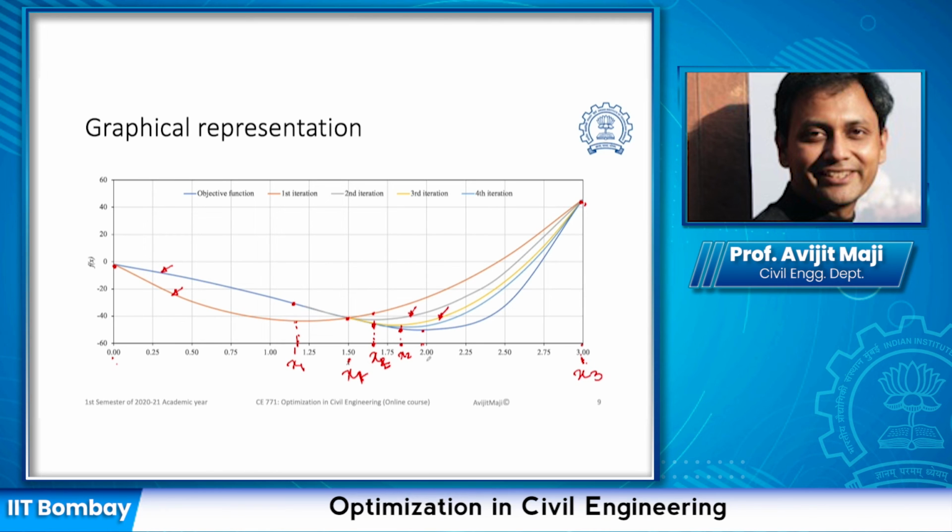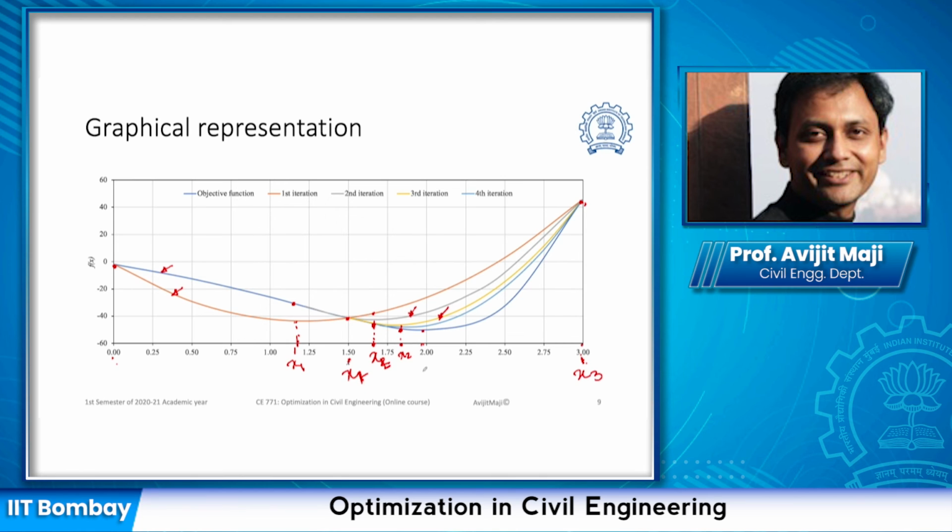Now in this method, we only use the objective function value to evaluate and find out a point. We did not use the magnitude of that objective function value or the relative magnitude of the objective function values to decide a point.